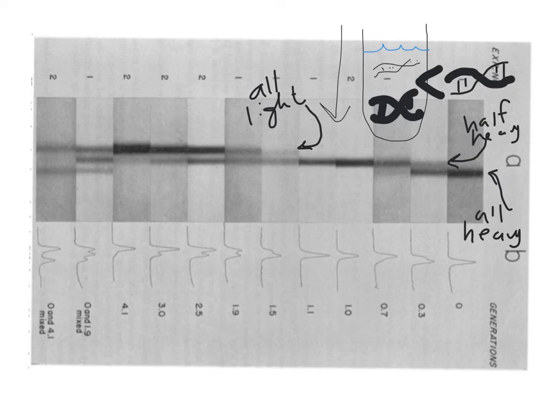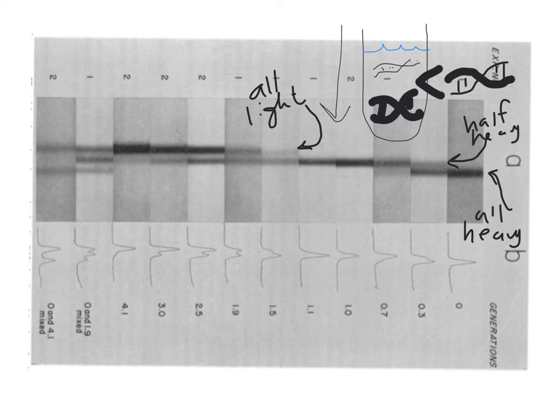Generation 0, time point 0 in this case. Everything was heavy because they had done the experiment that way. They had grown the bacteria for generations in heavy nitrogen. Is that what they see here? Generation 0. Right? All of the DNA molecules are down here towards the bottom of the tube, all heavy. Okay.